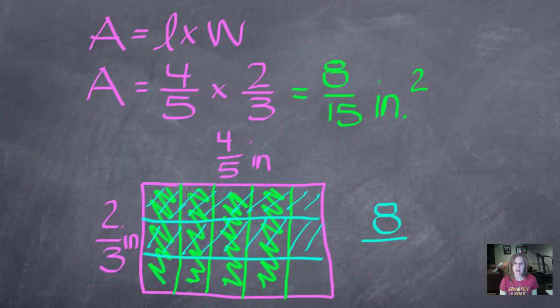And in all, I have 5 times 3, or if I count them, I have 15 in all. And those are all square inches right there. I divided 1 inch into 5 parts, so it's 4/5 of an inch, but we're talking about square inches that we've divided up. So there you go, 8/15 square inches.